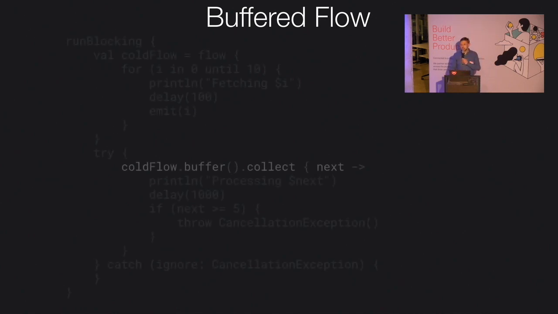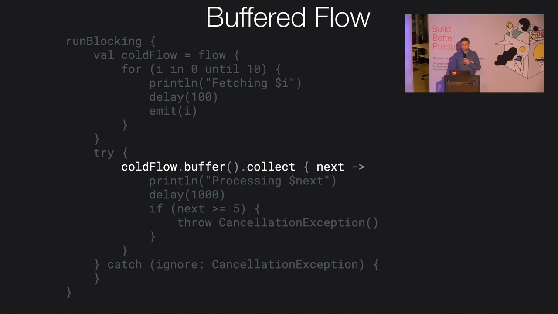Now, another interesting thing that you can do that's really useful is that you can create a buffer in between the emit and the reading of it. So in between the send and the read. What that does is it allows the fetching to go as fast as it can and the reading to go as fast as it can.